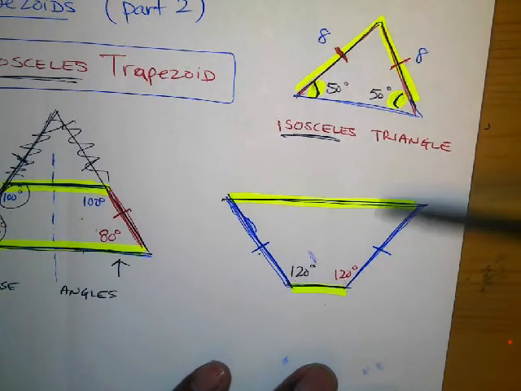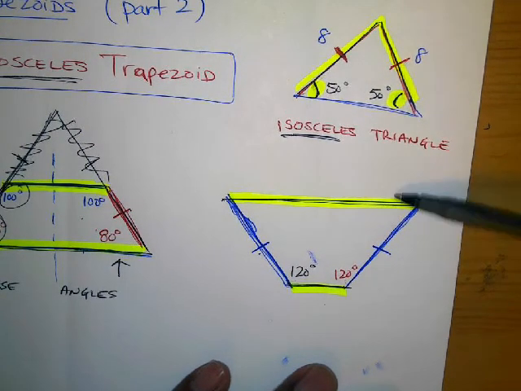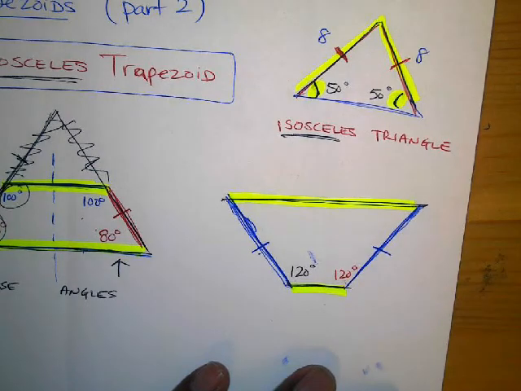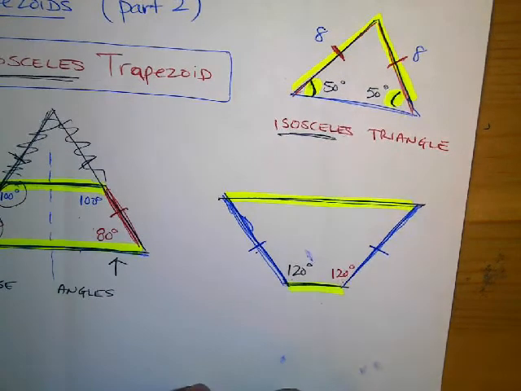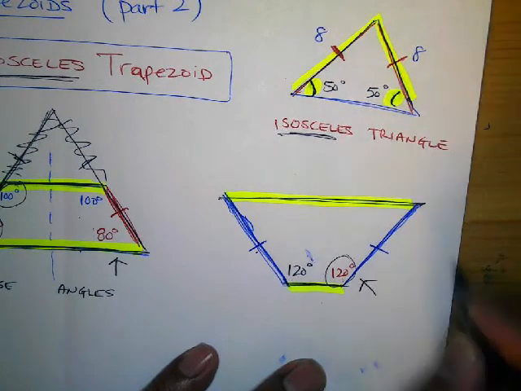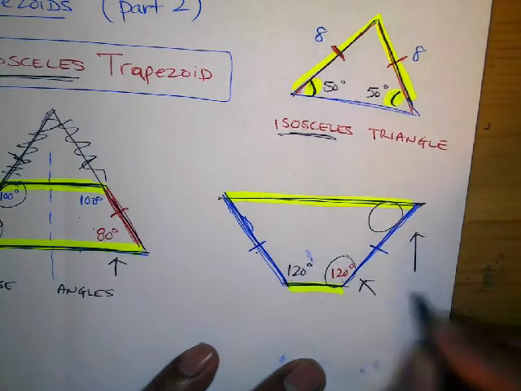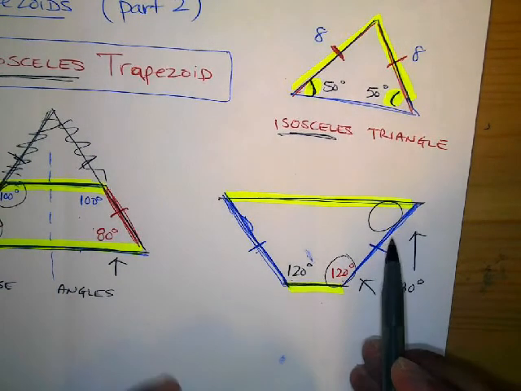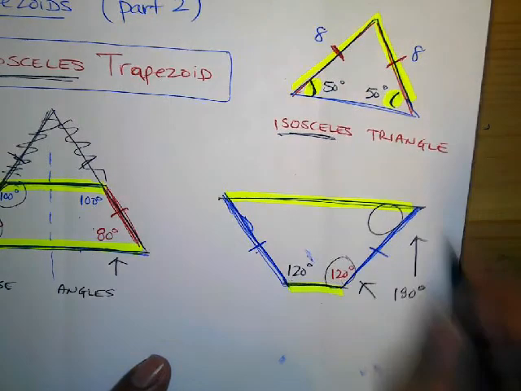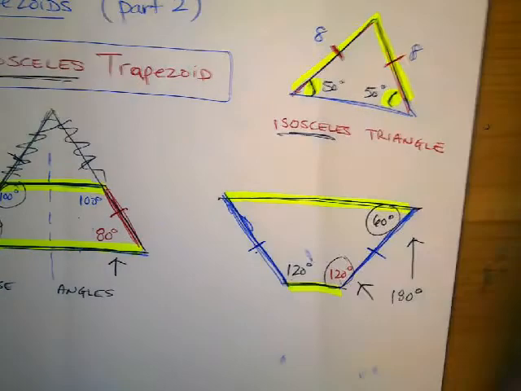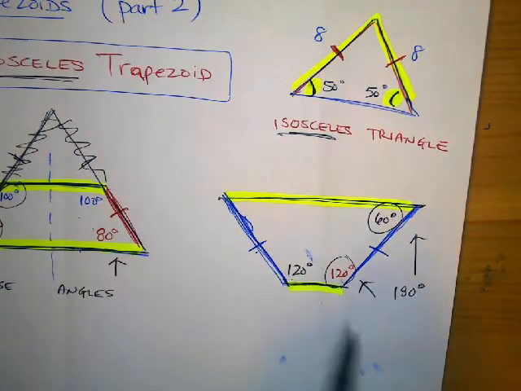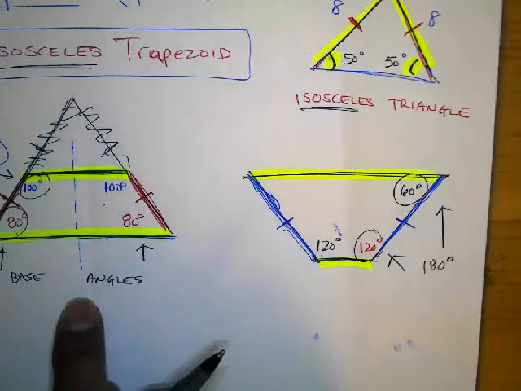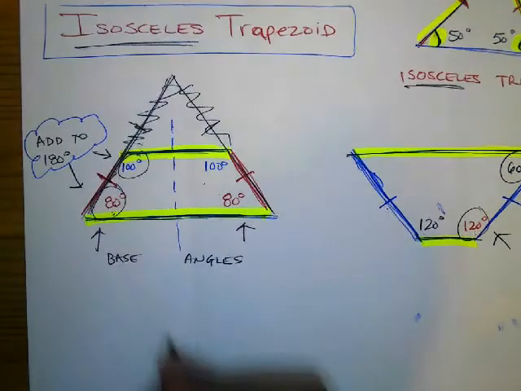And then now we go back to knowing that because these are parallel lines, remember, this way they add up to what? Again, to 180. These add up to 180. So 120 plus 60. These base angles are congruent.